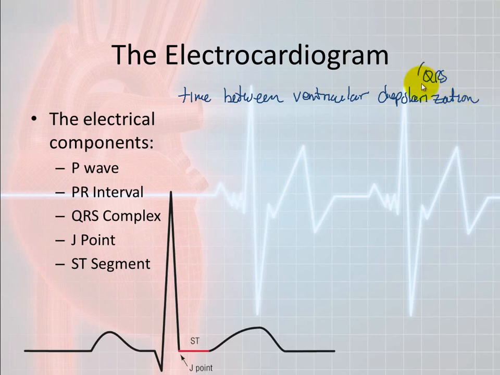I forgot to mention that earlier. The ventricular depolarization is the entire QRS complex. That is when both ventricles depolarize. So the ST segment is the time between ventricular depolarization and ventricular repolarization.